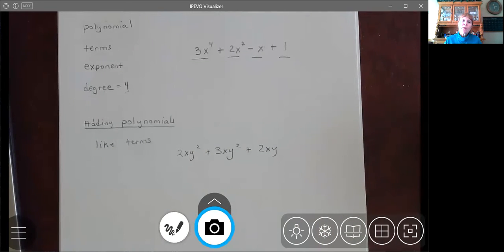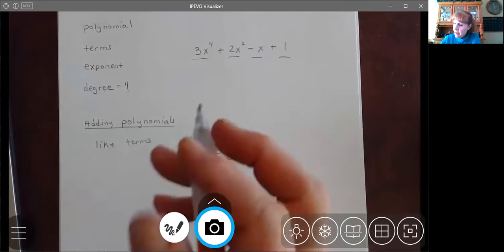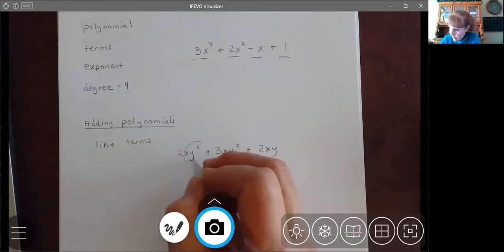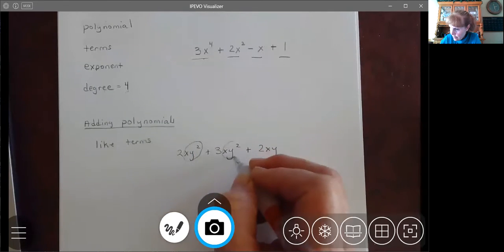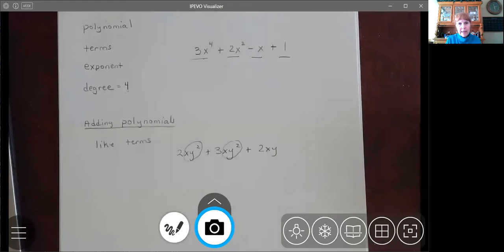If you were to simplify this, the only ones that are like is this one here and this one here. The variables and their exponents match on those 2 terms. When the variables match, you will combine the coefficients, the numbers in front.